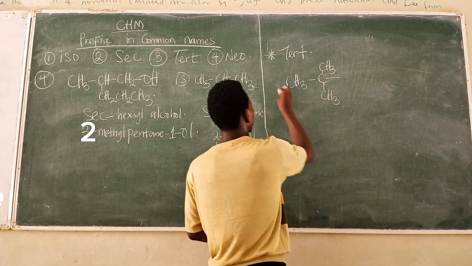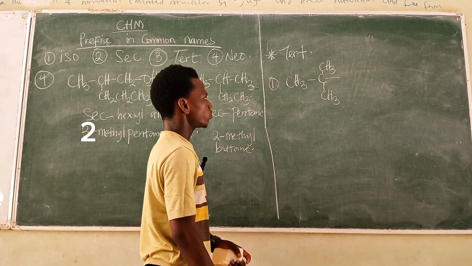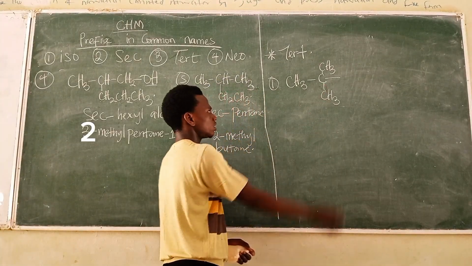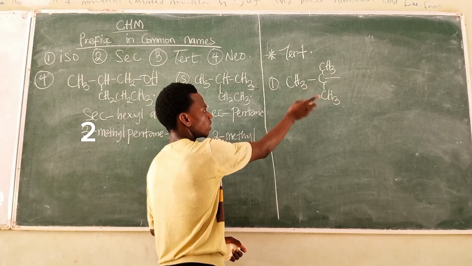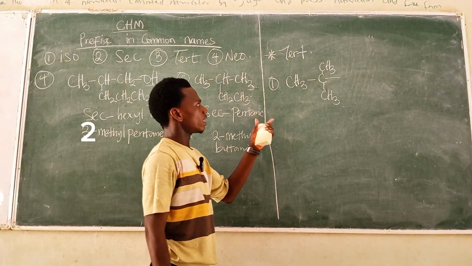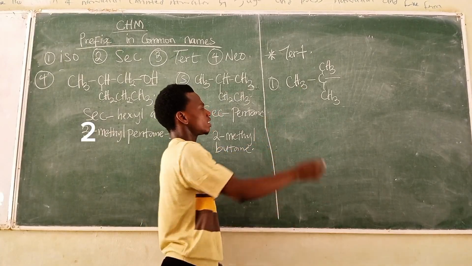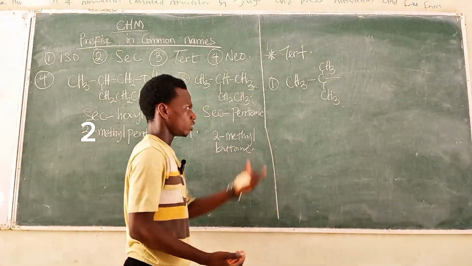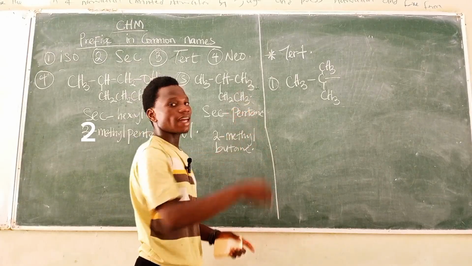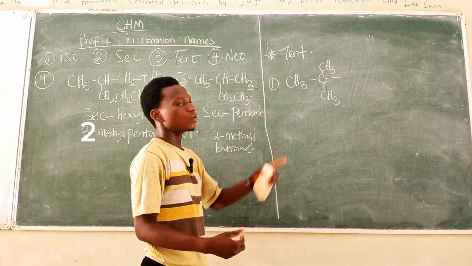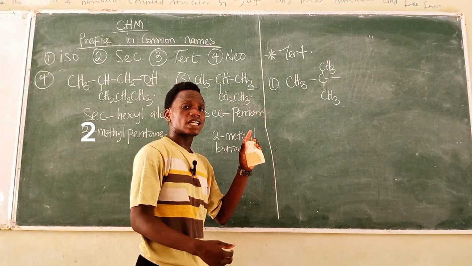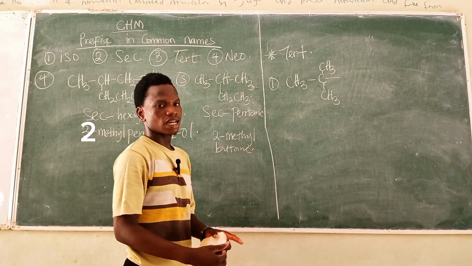In this particular structure, you have 2 methyl groups that are connecting on this particular carbon, which is connecting to the last carbon atom. So when you have 2 methyl groups attached on a carbon atom which is connecting to the parent chain, this carbon atom will be the second to the last carbon atom.